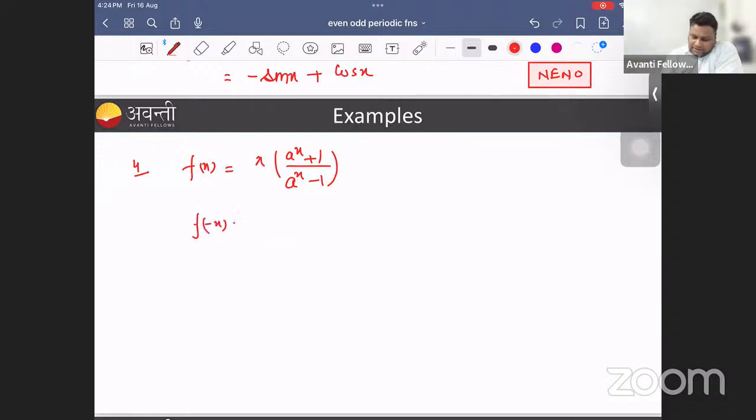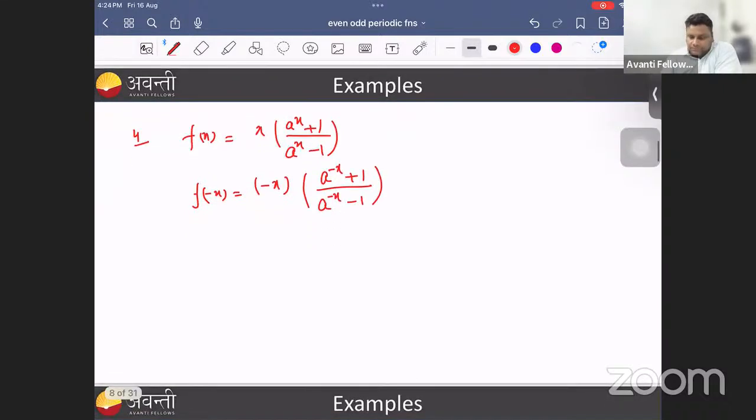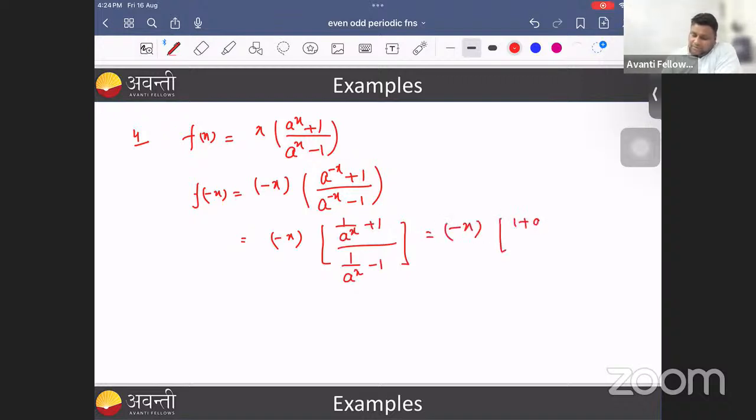See, f of minus x will be minus x into a to the power minus x plus 1 upon a to the power minus x minus 1, isn't it? This can be written as minus x into 1 upon a to the power x plus 1 upon 1 upon a to the power x minus 1. So minus x into 1 plus a to the power x upon 1 minus a to the power x.